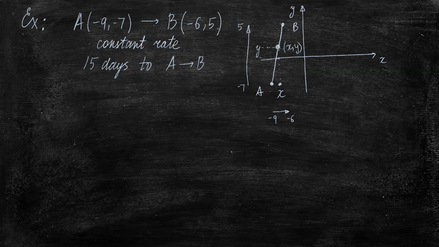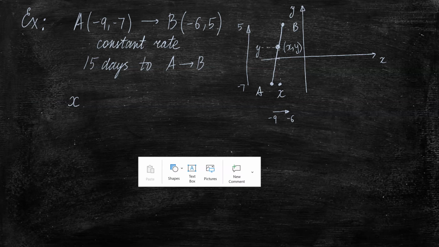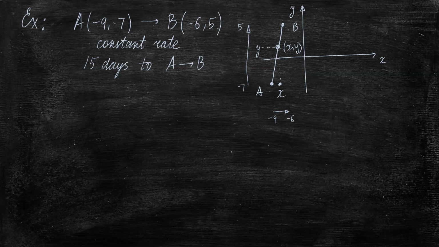So if it takes 15 days to advance from point A to point B, what would be the rate of change of the x coordinate? Let's call it the x rate. Or let's express it first. In 15 days, we advanced from -9 to -6. So what do we have here? We have 1/5.